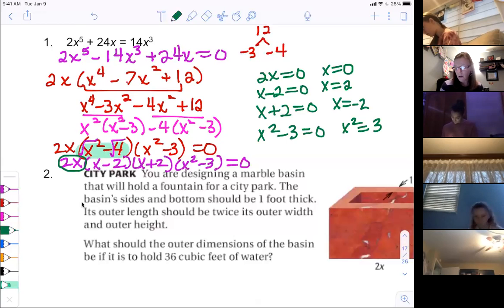Ella, how would you solve for something that says x squared? So we have x squared. You would do the square root of 3. Yeah, we need to take the square root.